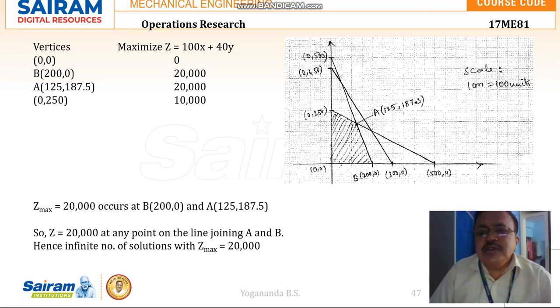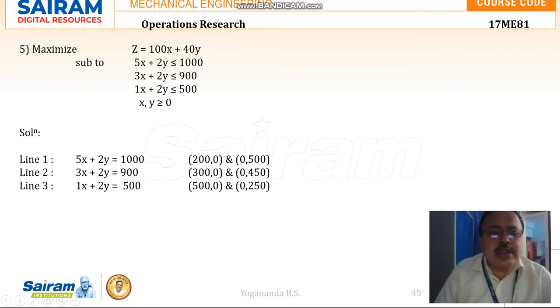Here 1 centimeter is taken as 100 units. Based on the X and Y coordinates in the constraints, seeing the highest value, the scale will be decided. Here the maximum value considered is 500 and the least value is 0.